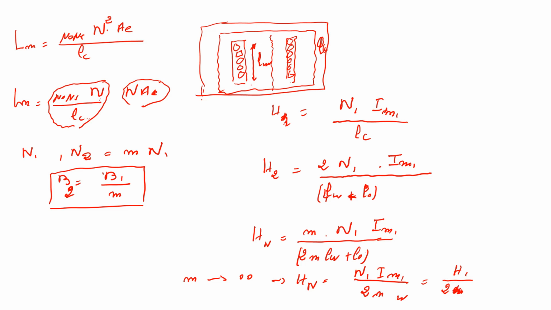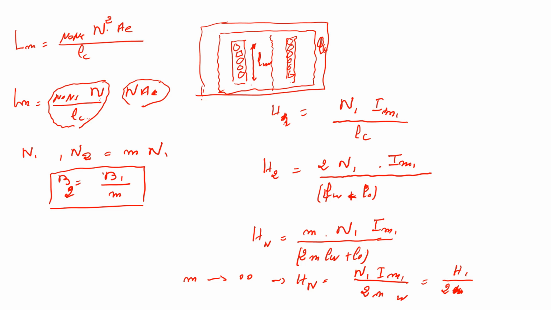So it will be more or less equal to H1 divided by 2. This is not correct. Why? Because if B1 is divided by m, then H1 also should be decreased by the same factor.